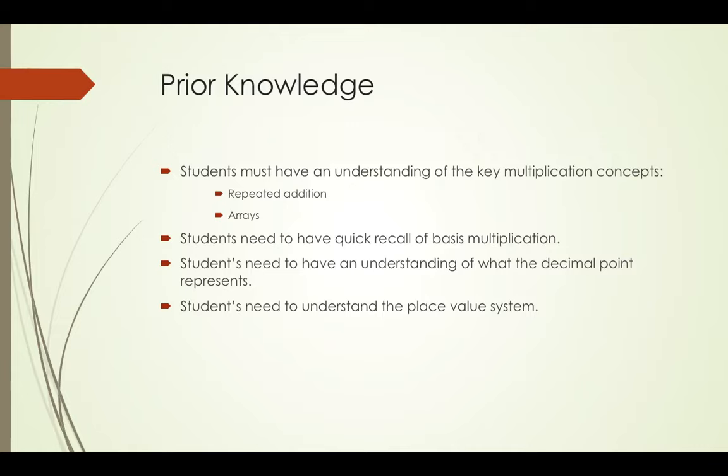They should know up to their 9 times tables, or have a method of quickly being able to figure out those multiplications. If you're using the lattice method with decimal point multiplication, they also need to know what the decimal point represents and the place value system that's around it. So what after the decimal place means and what before the decimal place means.